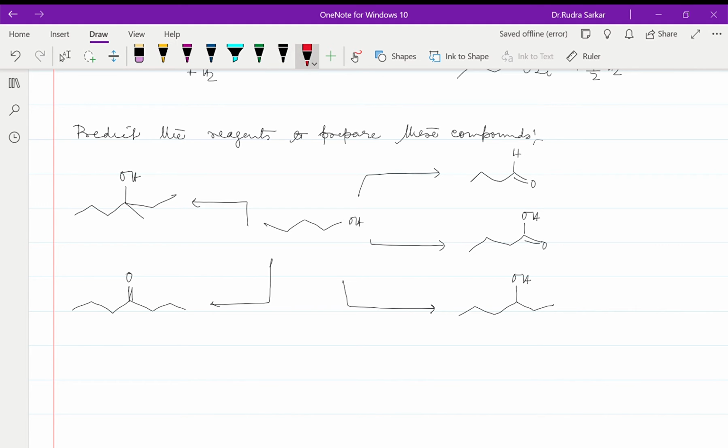Okay. So it can be PCC over here, or you can use PDC, or you can use lead tetraacetate. Okay, anything you can use. This one, next one, Sir, Jones reagent. Jones reagent.